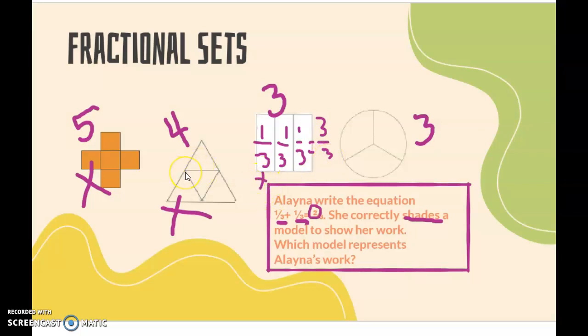And going back to the other two, the unit fraction will be 1/4 because it has 4 equal parts. And this will be 1, 2, 3, 4, 5, 1/5 because it has 5 equal parts.